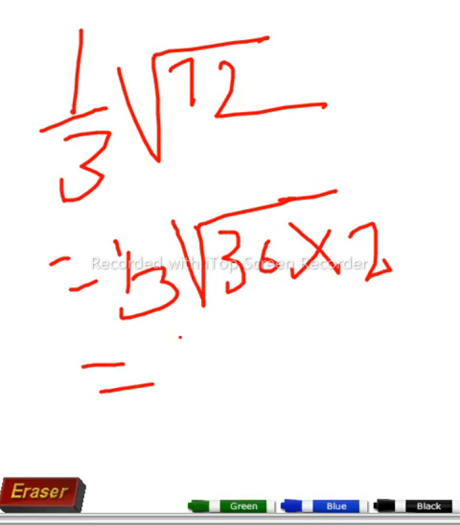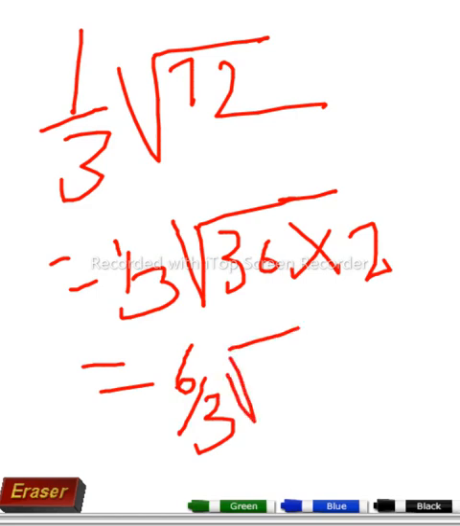36 means 6 times 6, so we can take 6 out here. Here we have 6 times 1 over 3, which is 6 over 3.